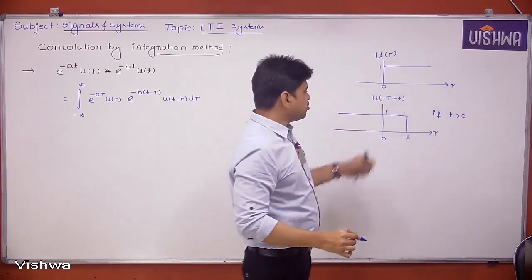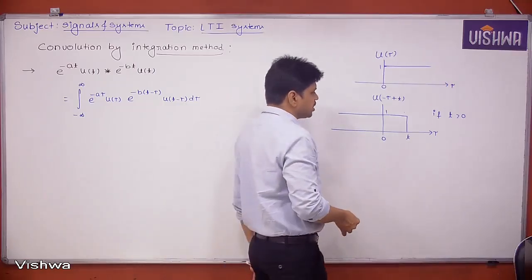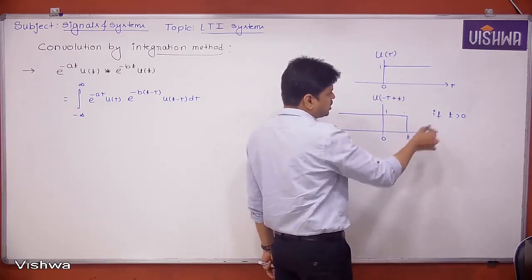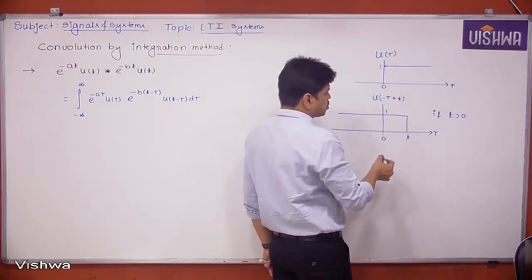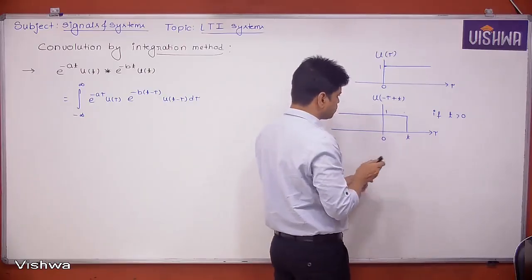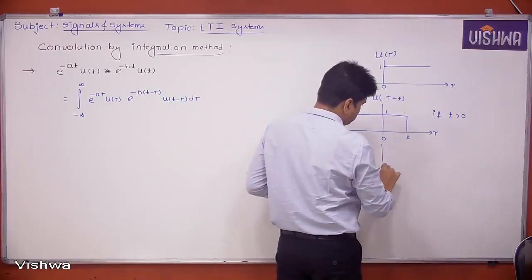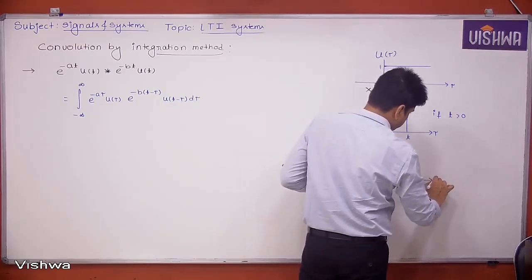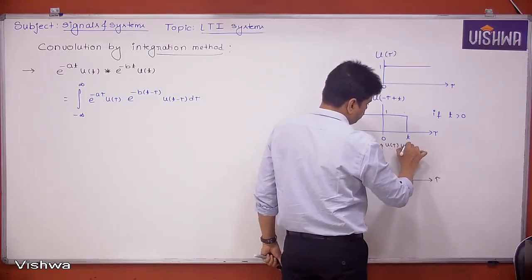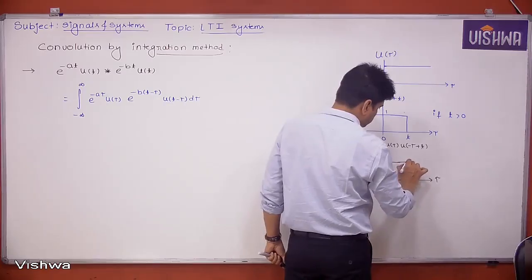Now if I multiply these two, up to 0 the value is 0, and after t the value is 0. So we only have to consider between 0 and t. The product u of tau times u of minus tau plus t exists only between 0 and t.